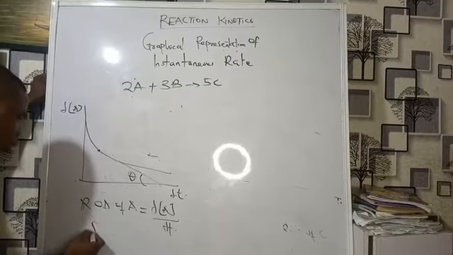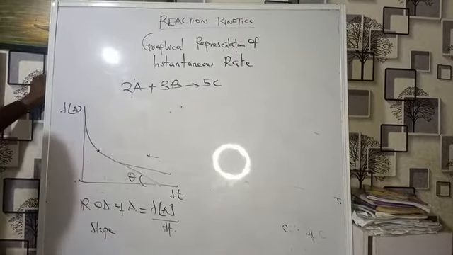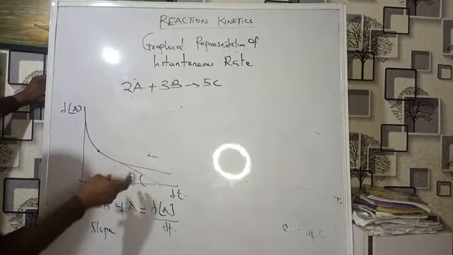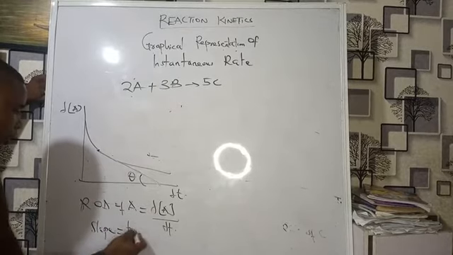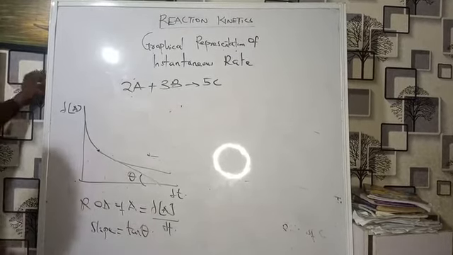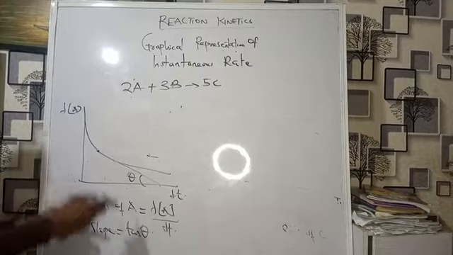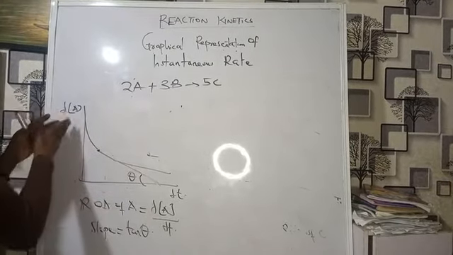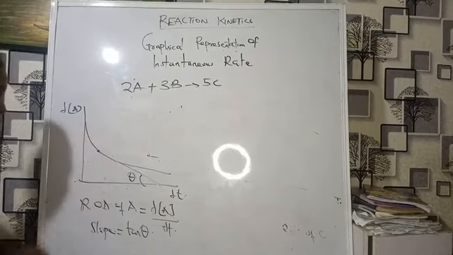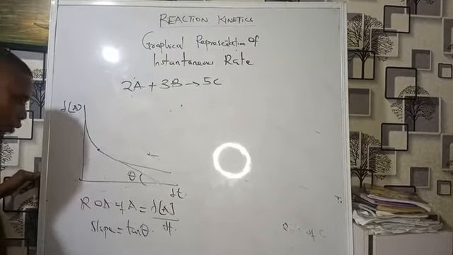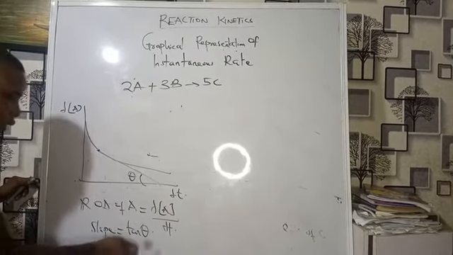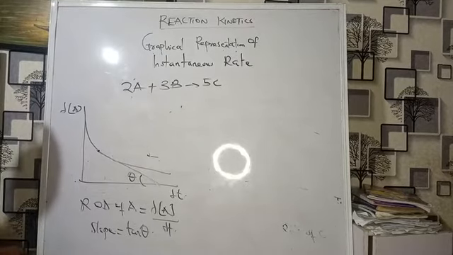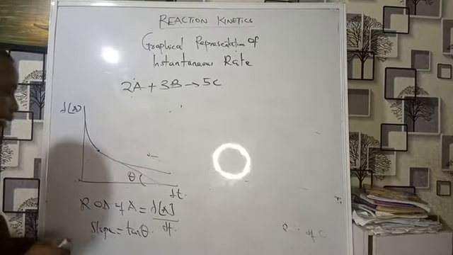I said it's also the slope. The slope is what? The angle is tan of what? Tan theta. So, this rate of disappearance of A now, or you can say rate of disappearance of A that they give you, because this is d over dt, is what? The slope. And then it's called what? Tan theta. Okay, so that is the rate of what?